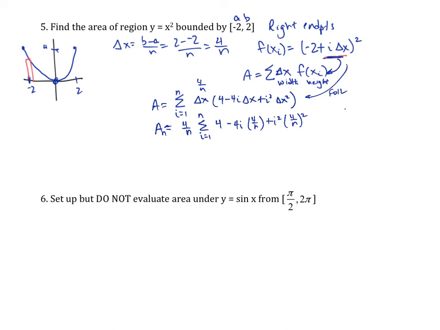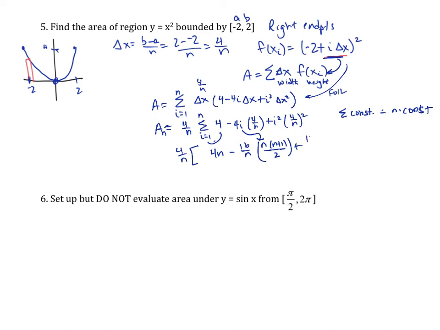And remember, if I take the sum of a constant, it's just going to be n times that constant. Because what I'm going to do now is I'm going to take these summations. So this becomes 4n. So I have 4 over n. This becomes minus 16 over n, and the summation of i ends up being n times n plus 1 over 2.